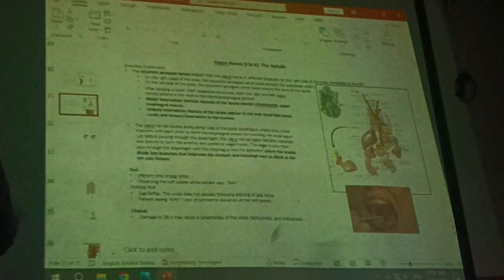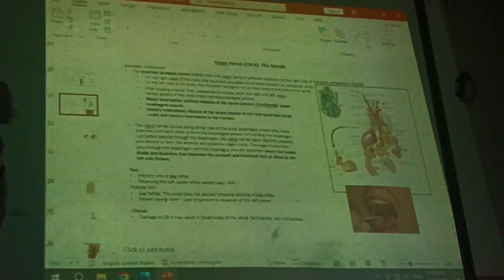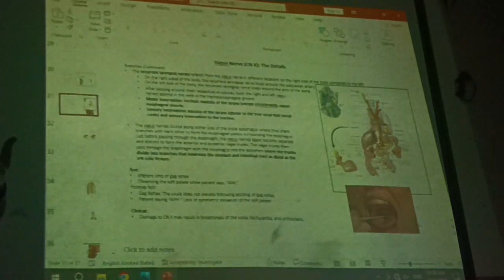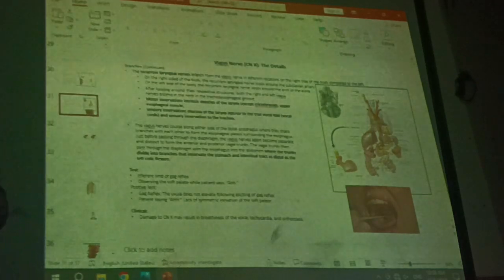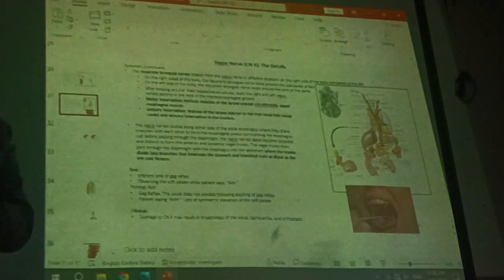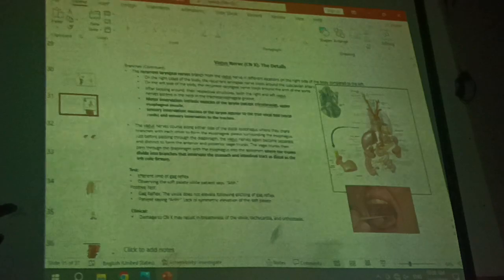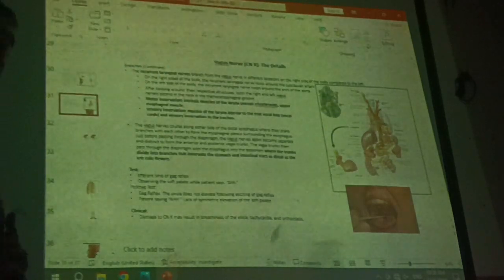But after 2/3 of the transverse colon, we have 1/3 of the transverse colon, descending colon, sigmoid colon, yes, and rectum. All of this area is innervated by the visceral plexus of the pelvis.